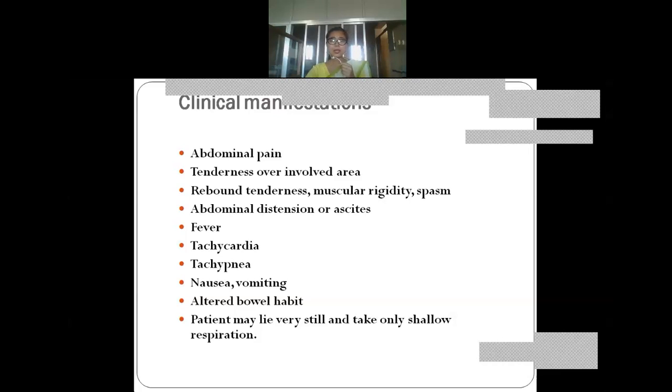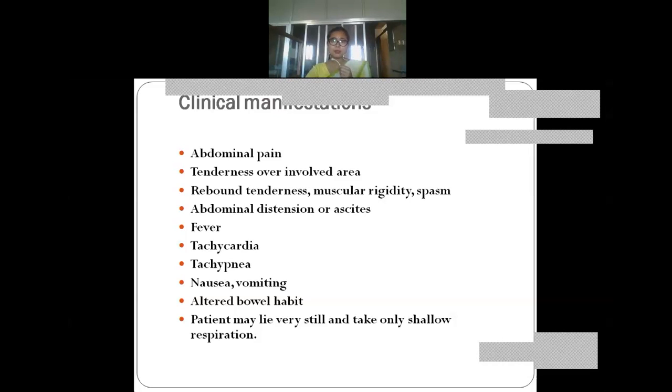Okay, fine. Let me tell you the difference between pain and tenderness. When you say I have pain, suppose you are having abdominal pain, then even if nobody touches your abdomen, you'll be having that pain. That is the actual meaning of pain.